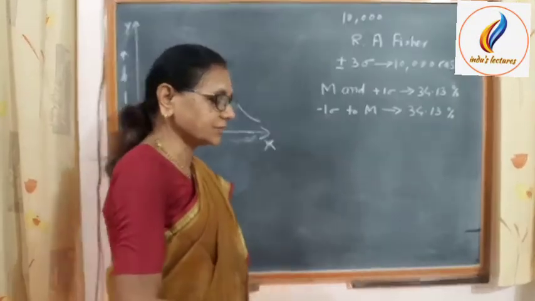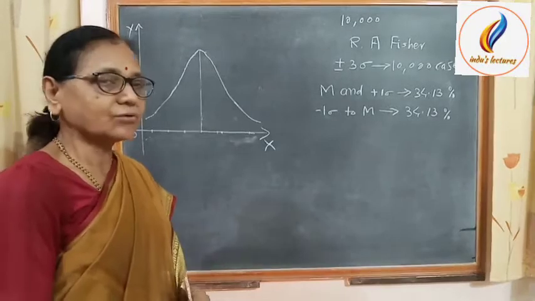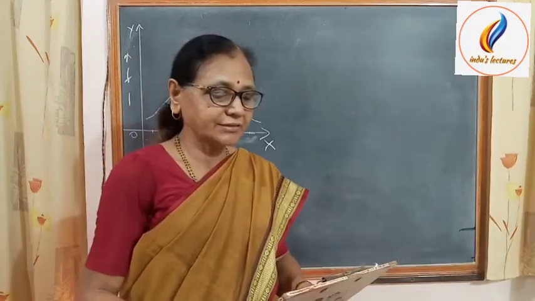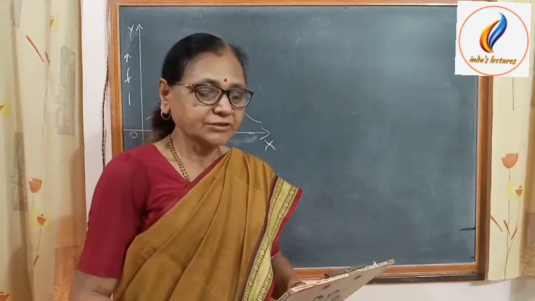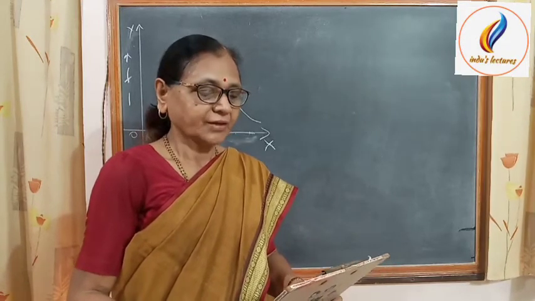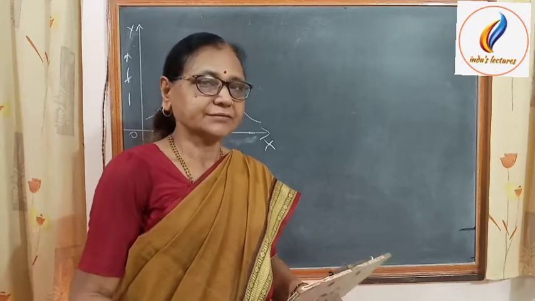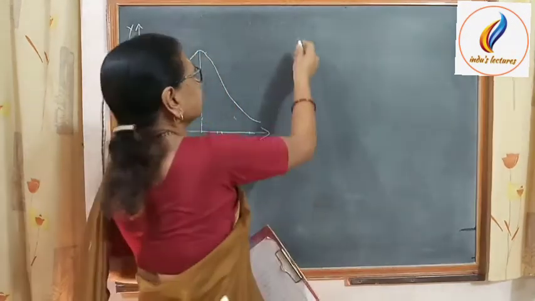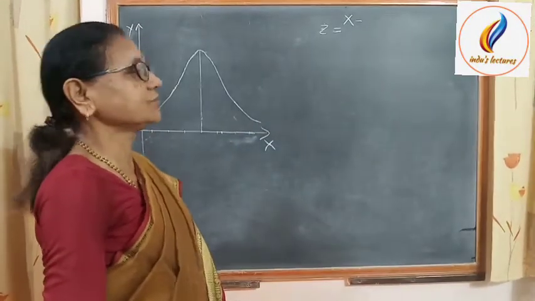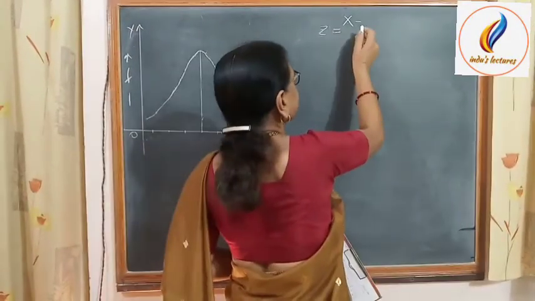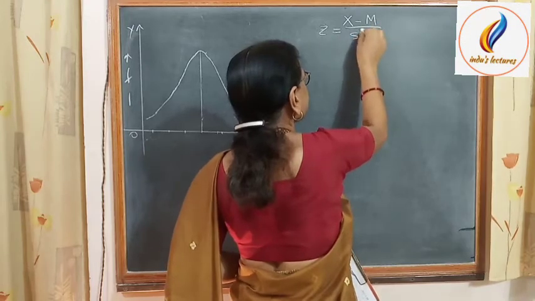Now, how to consult the table? The name of the table is Area of Normal Curve, in brackets proportions out of 10,000, and critical values of z. We know that we can calculate the Z score by using the formula Z is equal to (X minus M) upon standard deviation.